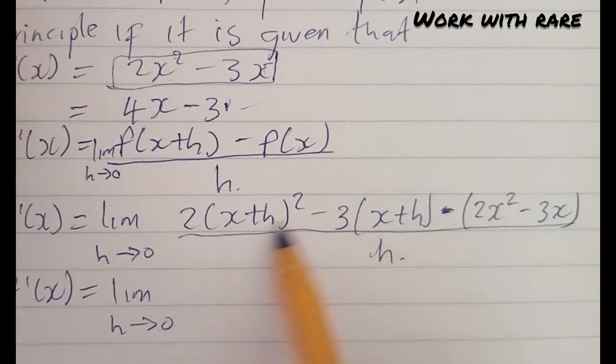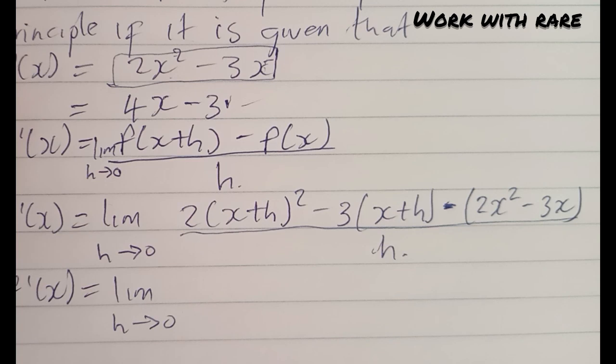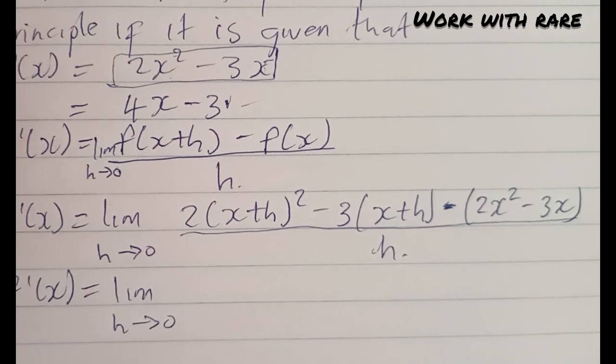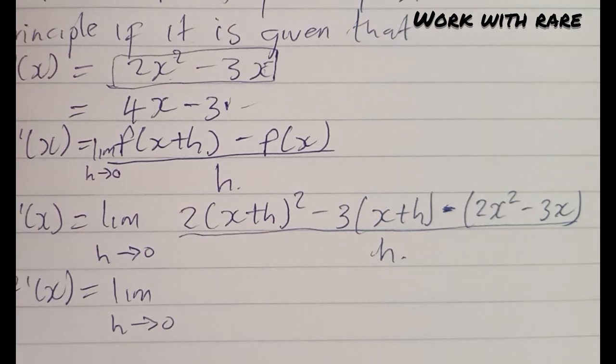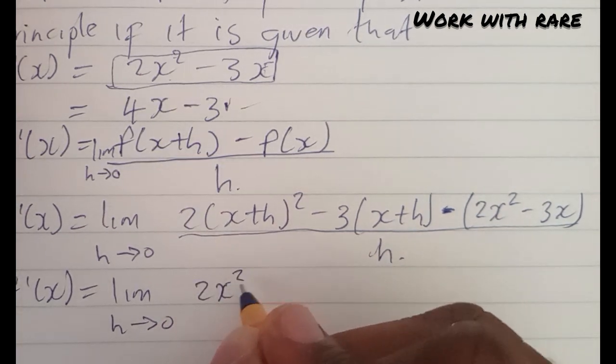So here, when we break this down, we'll realize if I break this bracket, I'll be left with x squared plus 2xh plus h squared, okay? So after that step, when I break it, I will say 2 multiplied by x squared, which will give me 2x squared.